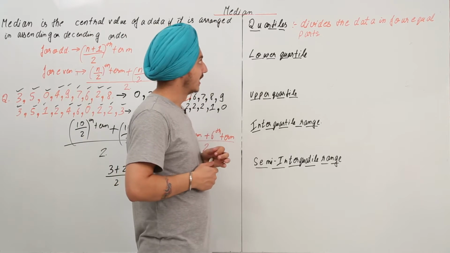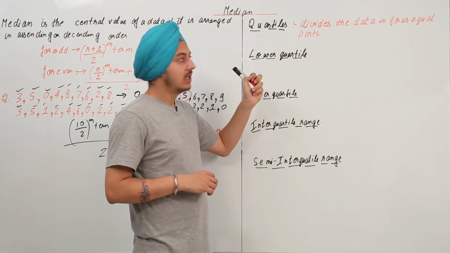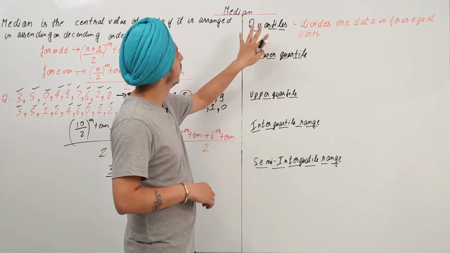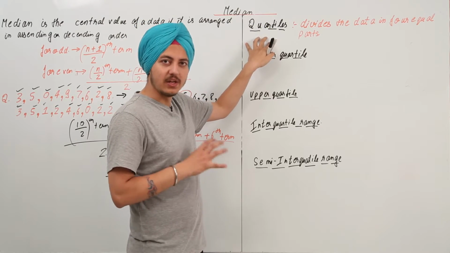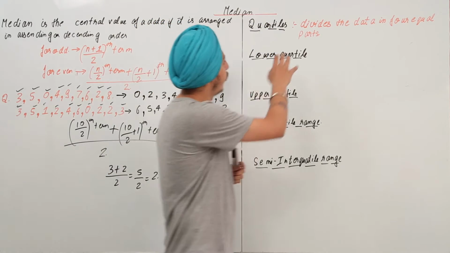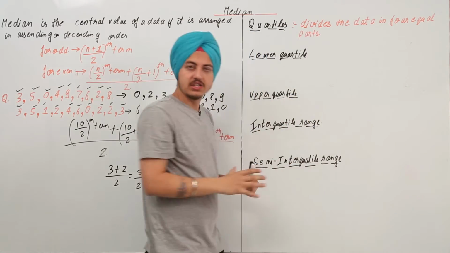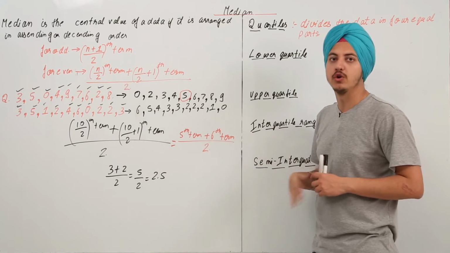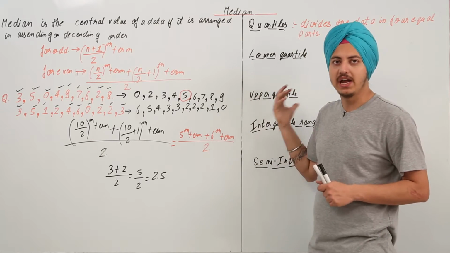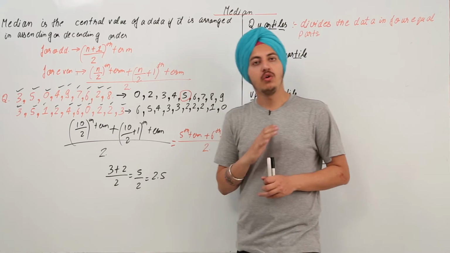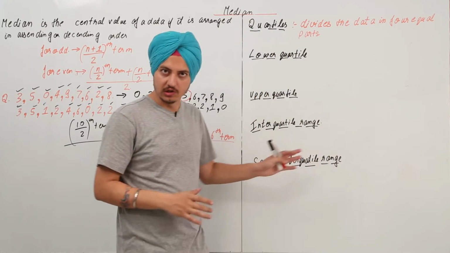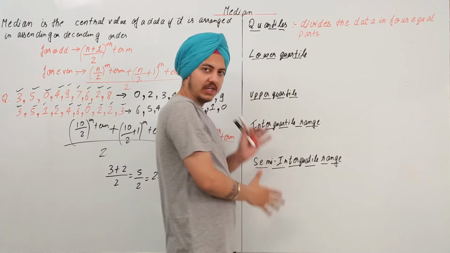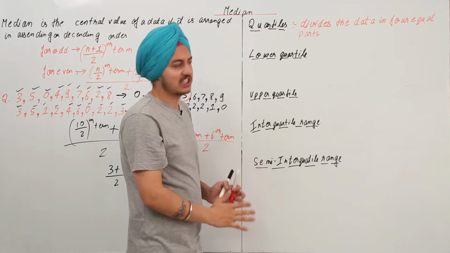What are quartiles? Quartiles are the values that divide the data in 4 equal parts, right? Now this is a data. If we have to divide them in 4 equal parts, how do we do it? That is done by quartiles. Now there are a few formulas for quartiles also, for even and odd data.